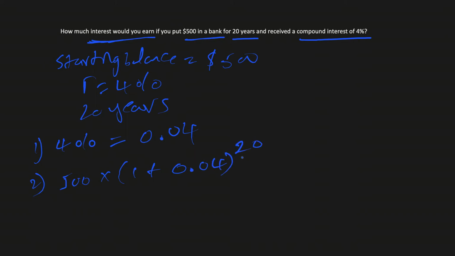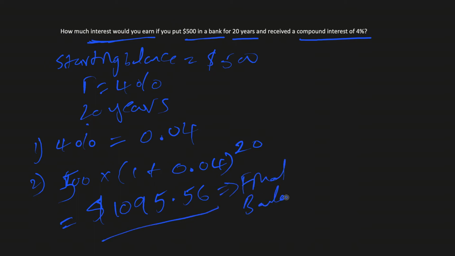So in this case, n is 20 and this is 500. And if we solve this, we get 1095.56. So this is nothing but our final balance.